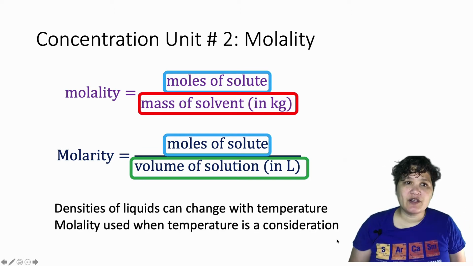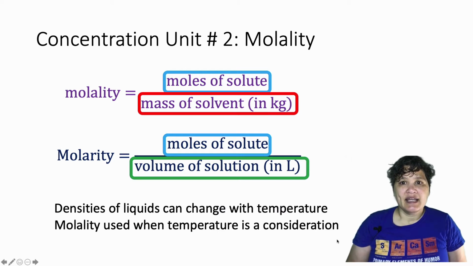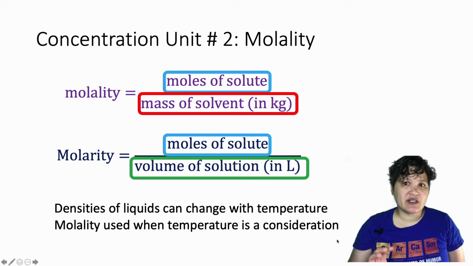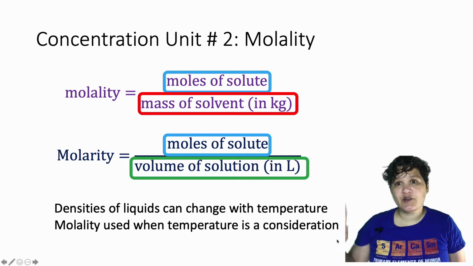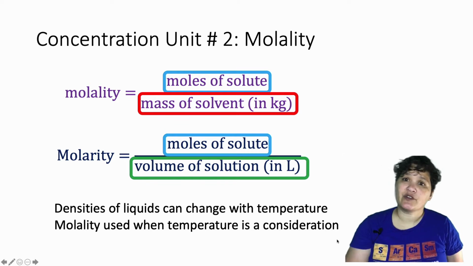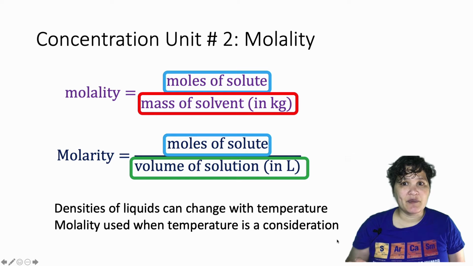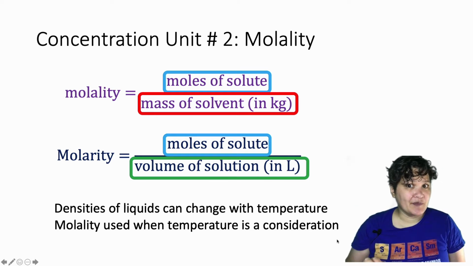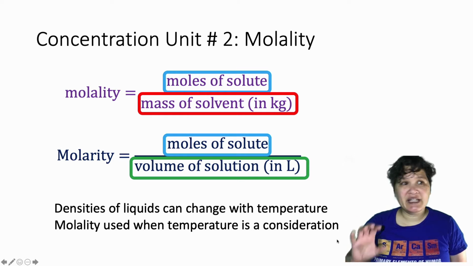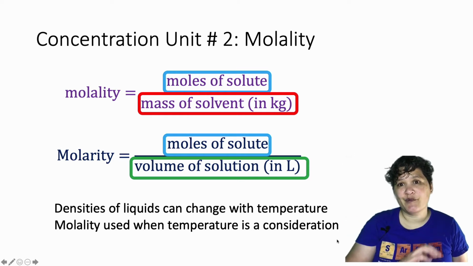The reason we want to use molality is that as you get to temperature extremes in a solvent, your volume actually starts to change. So when you're getting close to the boiling point or approaching the freezing point, anytime you've got a phase transition coming up, your volume is going to start to change. And that's a problem, because remember, in molarity you're dividing by the volume of solution.